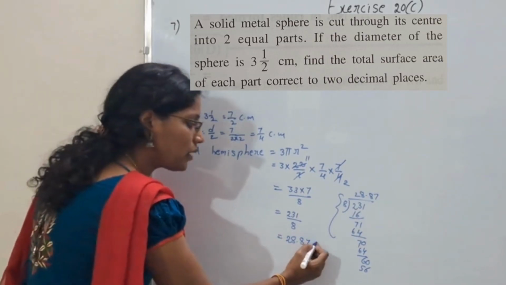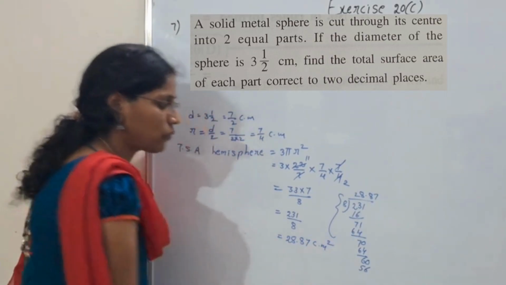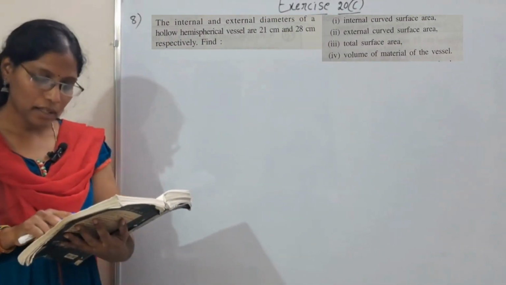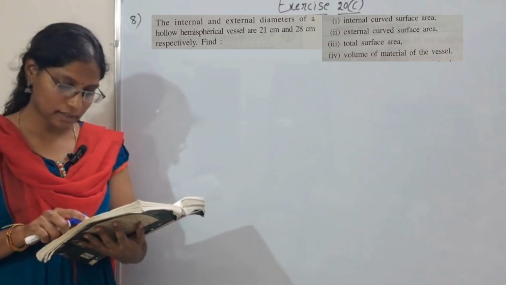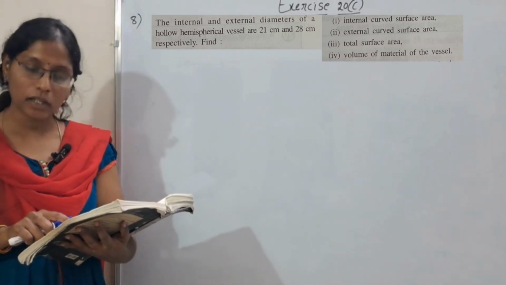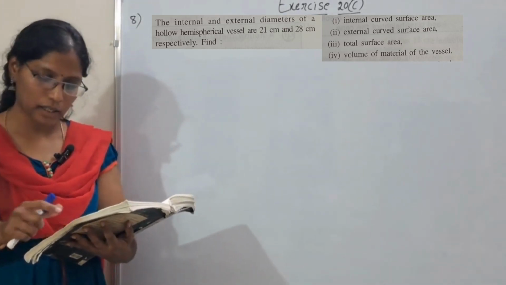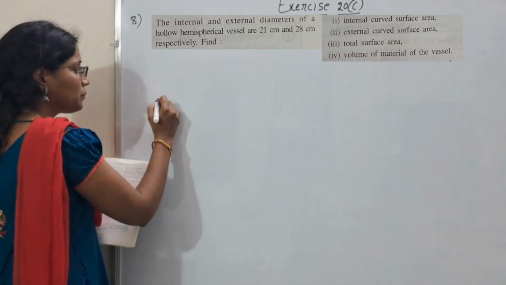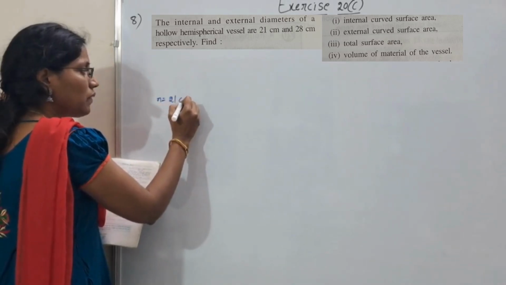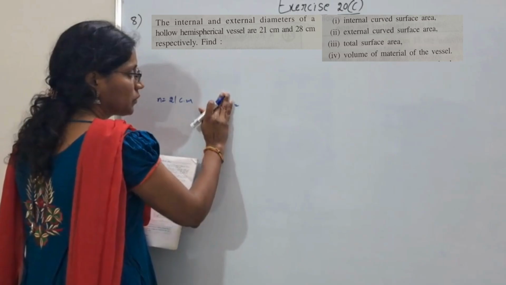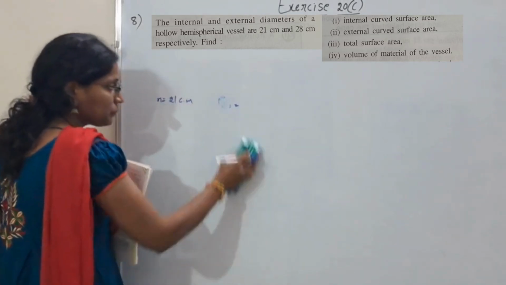Area means square we have to write. Centimeter square. Next problem number 8. In this problem, the internal and external diameters of a hemispherical vessel are 21 centimeter, 28 centimeter. First internal diameter they have given, small d is equal to 21 centimeters, and external diameter capital D we have to take.